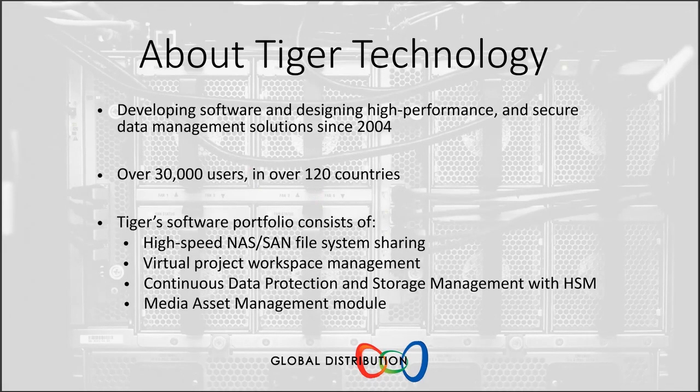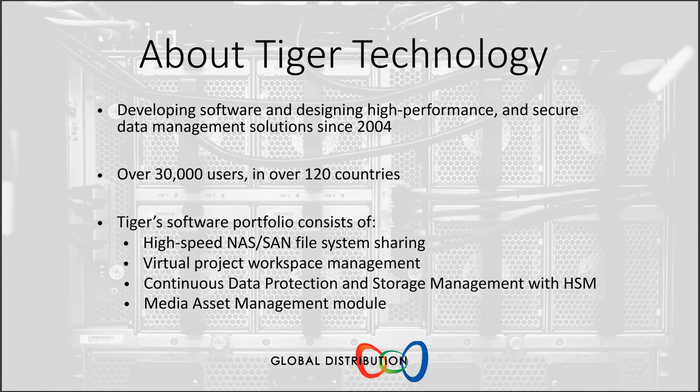So, as some of you are aware, this is a series of webinars that we've been talking about. I'm just going to kick off by recapping a little bit about what we've done previously. For those of you who don't know who Tiger Technology are, they're a software vendor, developing solutions since 2004. They have over 30,000 customers and licenses in over 120 countries so far.